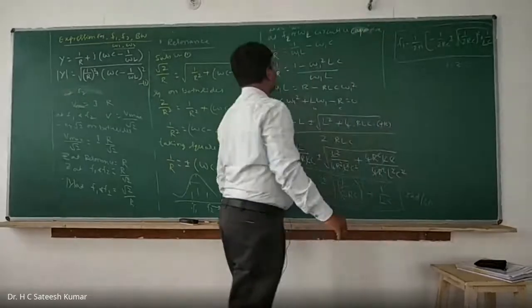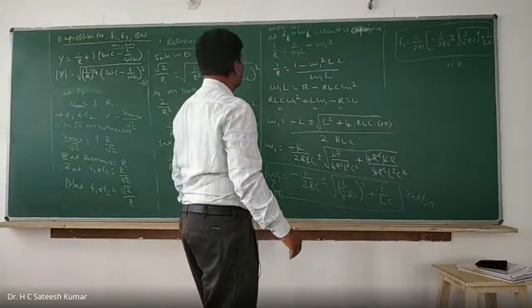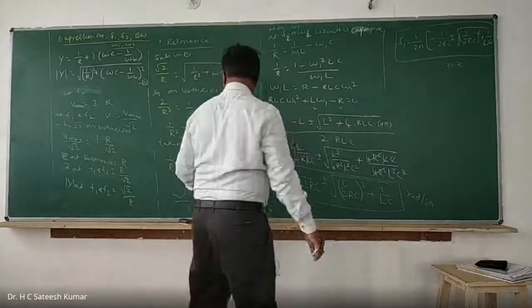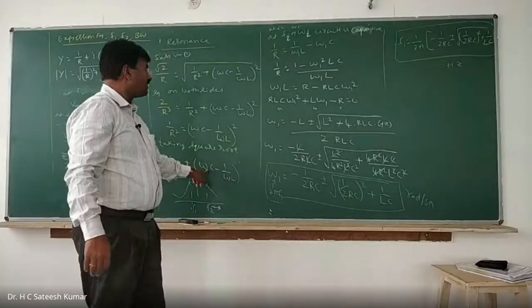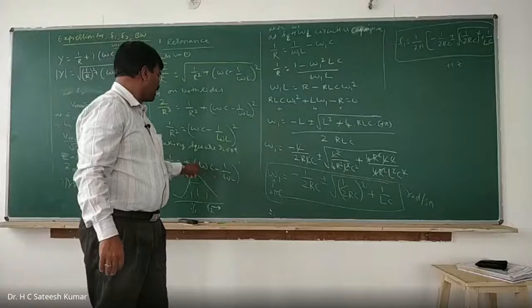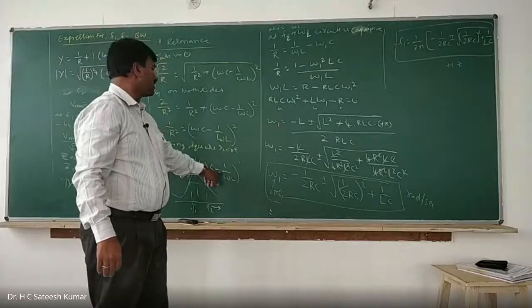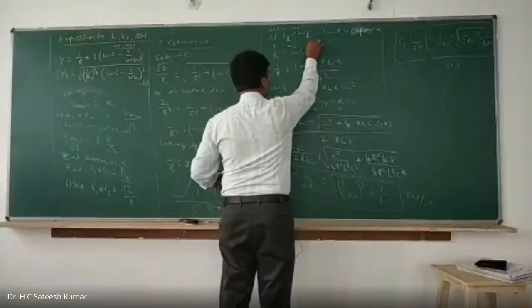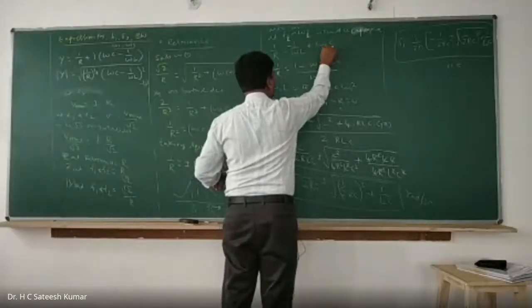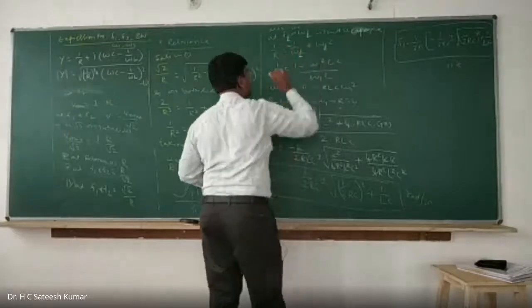Circuit becomes capacitive. If the circuit becomes capacitive, what will happen? This is more, therefore this will be multiplied by plus sign. Therefore, omega C will come first, that is plus. And this omega L will get the negative sign. So this will get negative sign, this will become positive sign. Omega 1 will become omega 2. Same expression will continue.